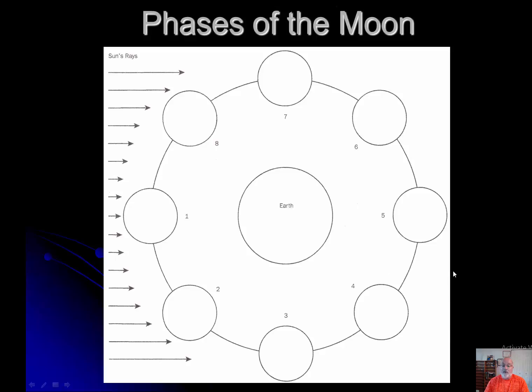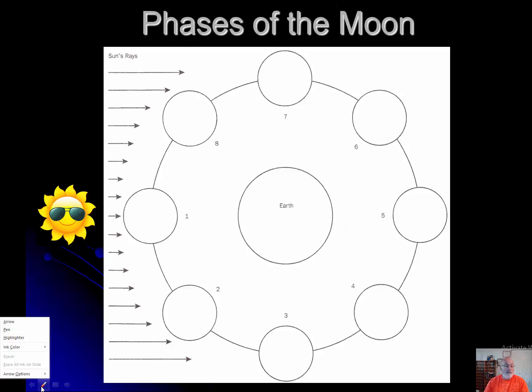Next slide, this is going to be a picture I'm going to have you draw in class. So there's the sun coming in this direction. What you'd basically do is, from space out here, you'd get the sun-illuminated side on this side, the dark side would be on this side, and that would be true for all of these.